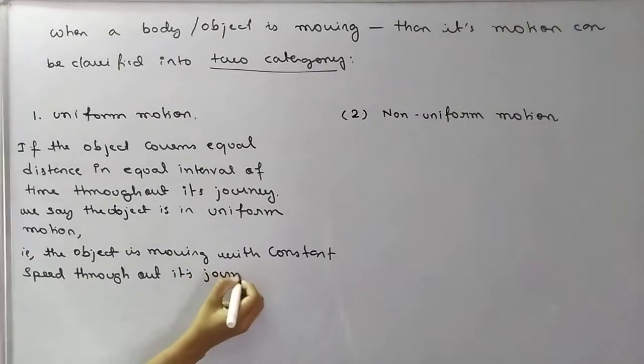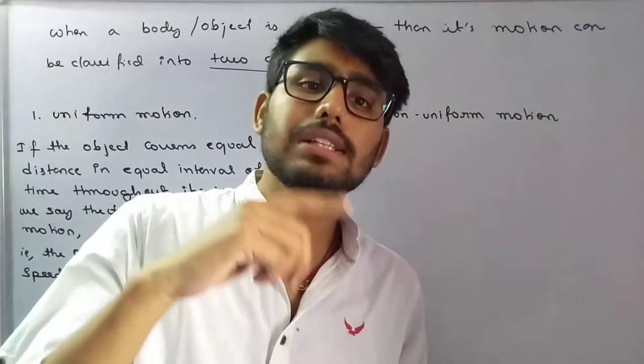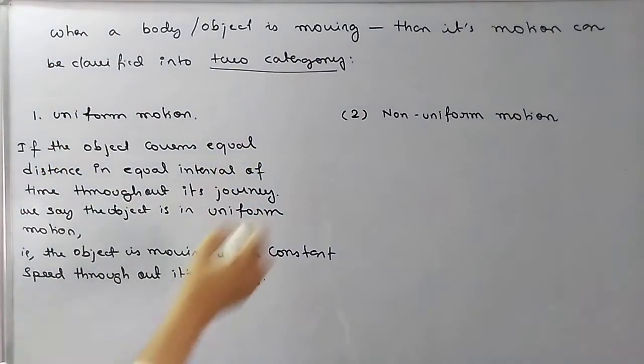I hope it's clear. Obviously, next we'll go for examples, we'll try to experience it, but for the time being, just go through the definition, just try to understand what we are trying to say.